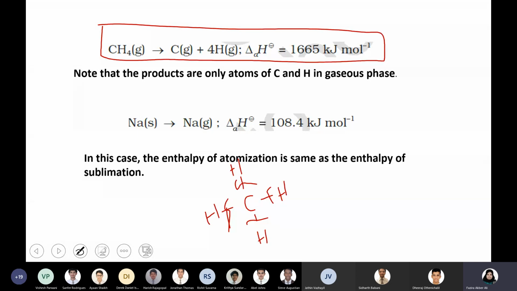As you noticed here, the atoms are in the gaseous state, and only then does it satisfy our condition. There is no other product; you get only atoms as the product of the atomization reaction, and these atoms will be in the gaseous phase.